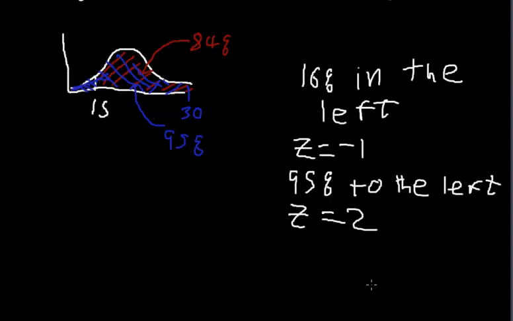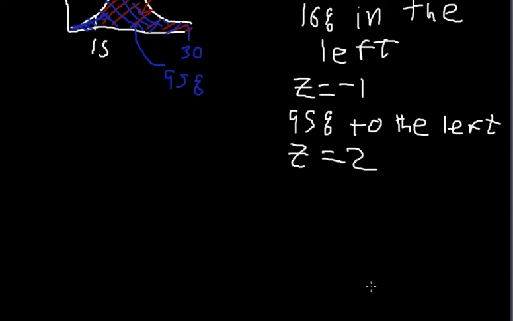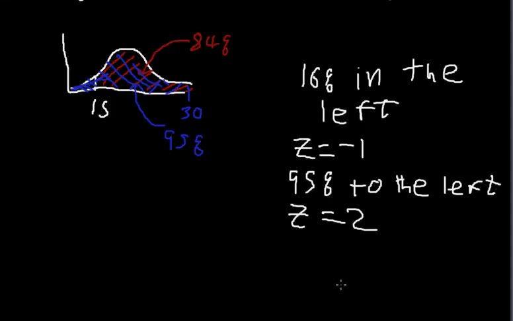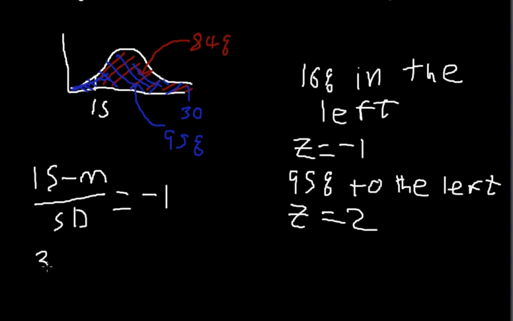So now, what do we do? Remember that z-scores are just normalized versions of our data. So 15 minus the mean over the standard deviation is equal to -1, and 30 minus the mean over the standard deviation is equal to 2.